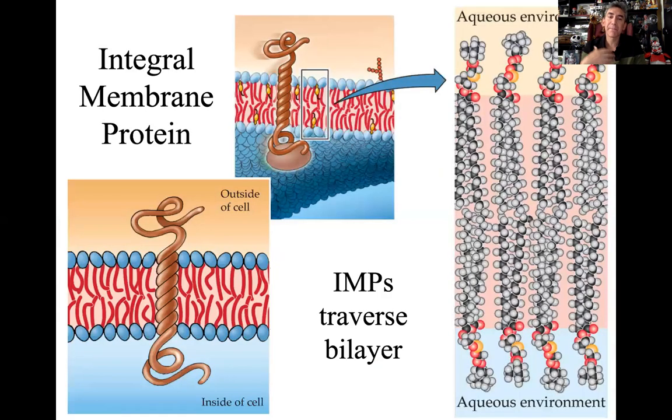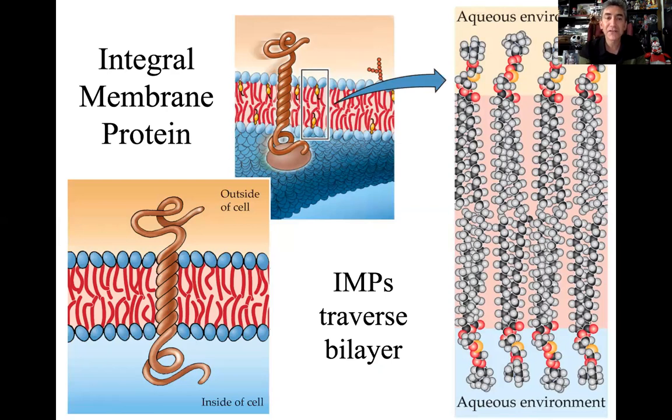So also embedded within these phospholipid bilayers are these sort of tubular type of proteins. We talk about proteins, we talk about the alpha helix. Well, we have proteins with very, very well-defined alpha helices that allow the entire width of that protein to span the entire width of that membrane.